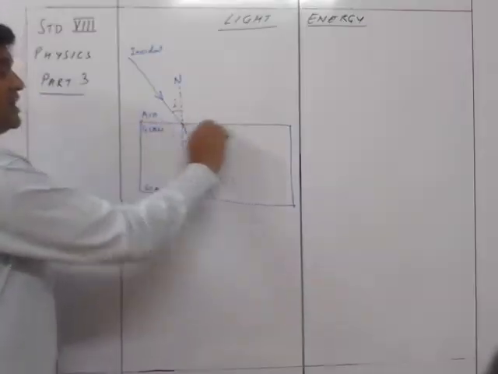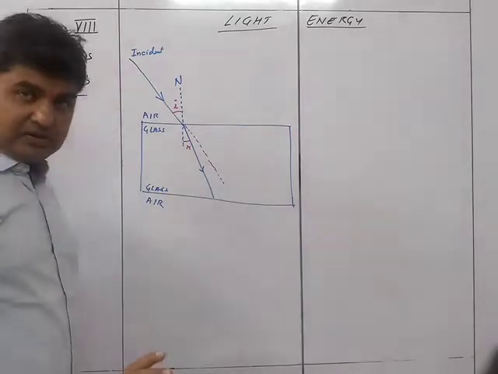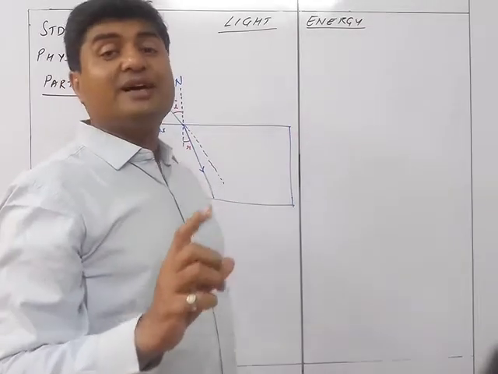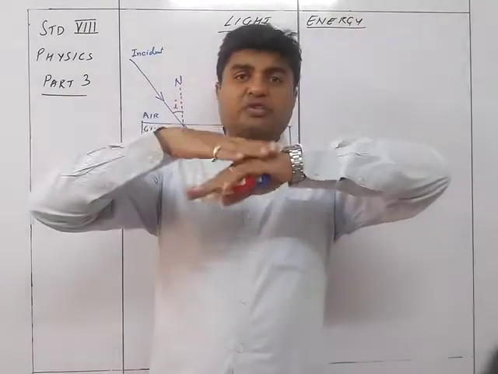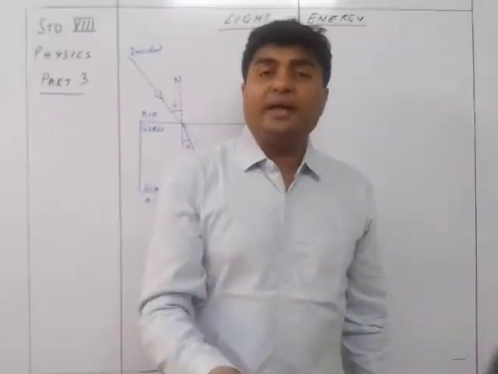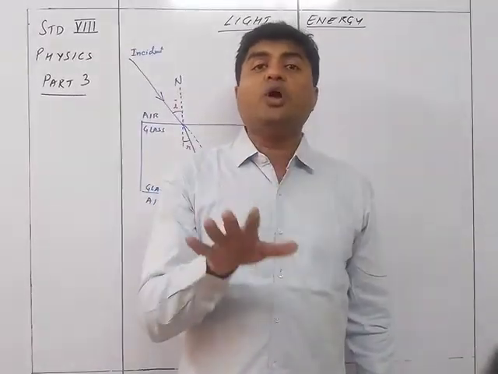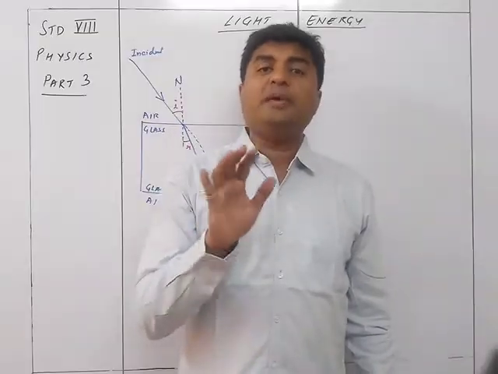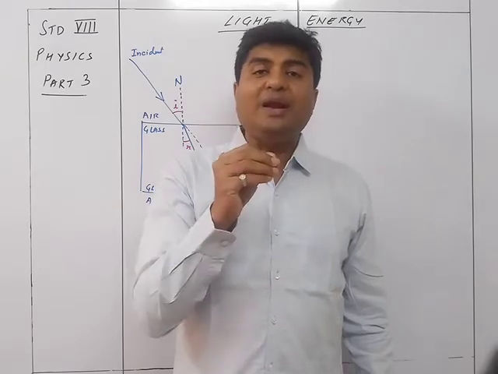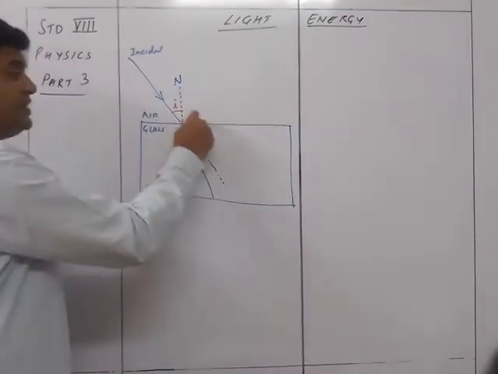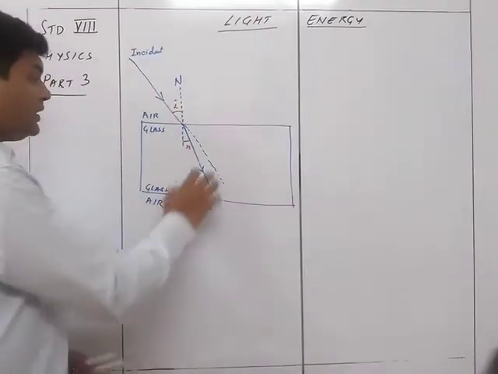It is only at the surface that this bending takes place. We know that refraction is a surface phenomenon, so it is going to be only on the surface. एक बार वो surface cross कर दिया, वो दूसरे medium में पहुंच गया, उसके बाद there would not be any refraction, there would not be any change in the path. The change of path will be initiated only when it is changing the medium.